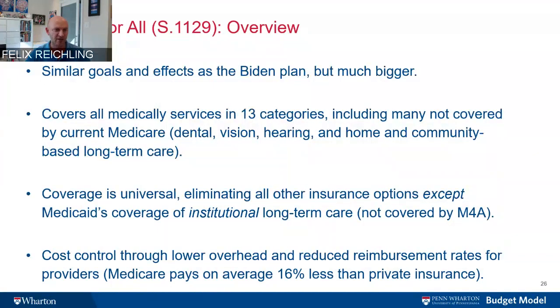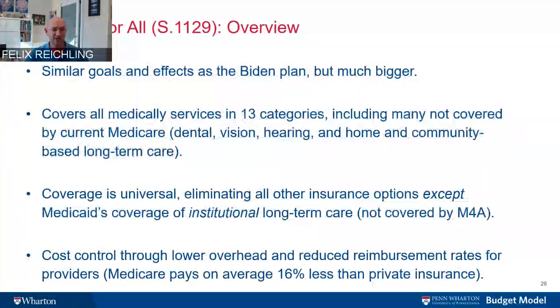So it covers all medical services in 13 categories, including many not covered by current Medicare, expands Medicare to dental, vision, hearing, and home and community-based long-term care. Coverage is universal.